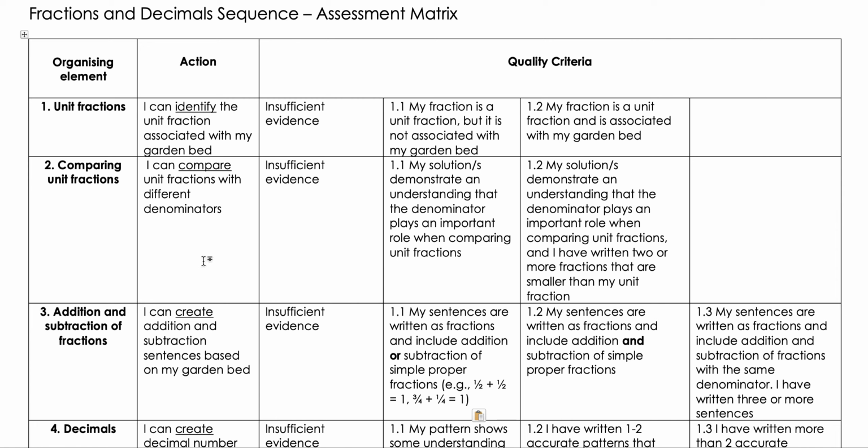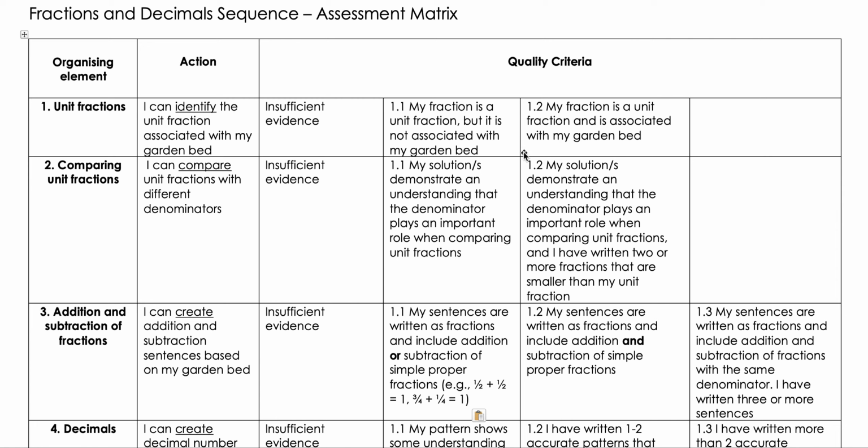Number 2, I can compare unit fractions with different denominators. So this is about our unit fractions as well. And this is about the question where you are finding fractions that are smaller than your unit fraction. So again, we've got insufficient evidence. 1.1, my solutions demonstrate an understanding that the denominator plays an important role when comparing unit fractions.